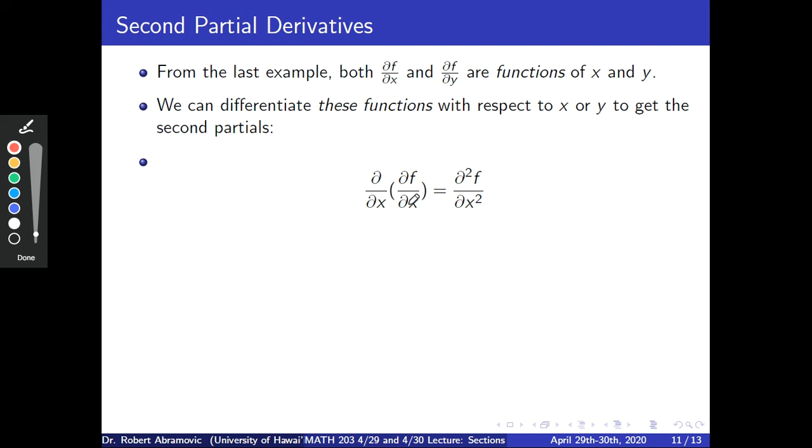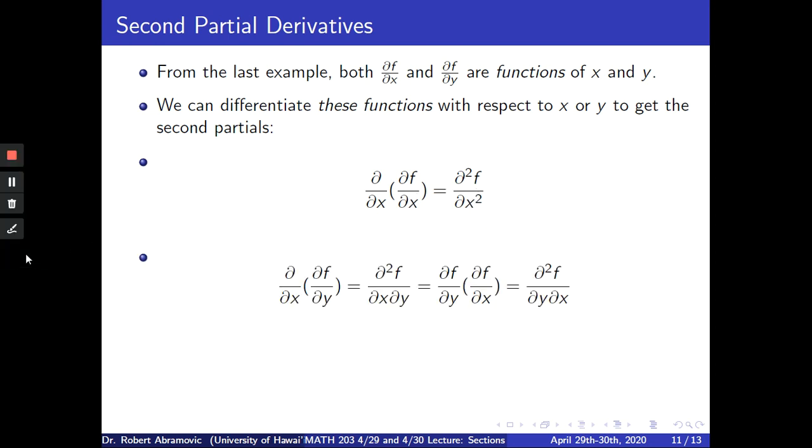d dx of df dx is d squared f dx squared. d dx, or the derivative of df dy with respect to x is equal to d squared f dx dy. Okay, there should not have been an f there.